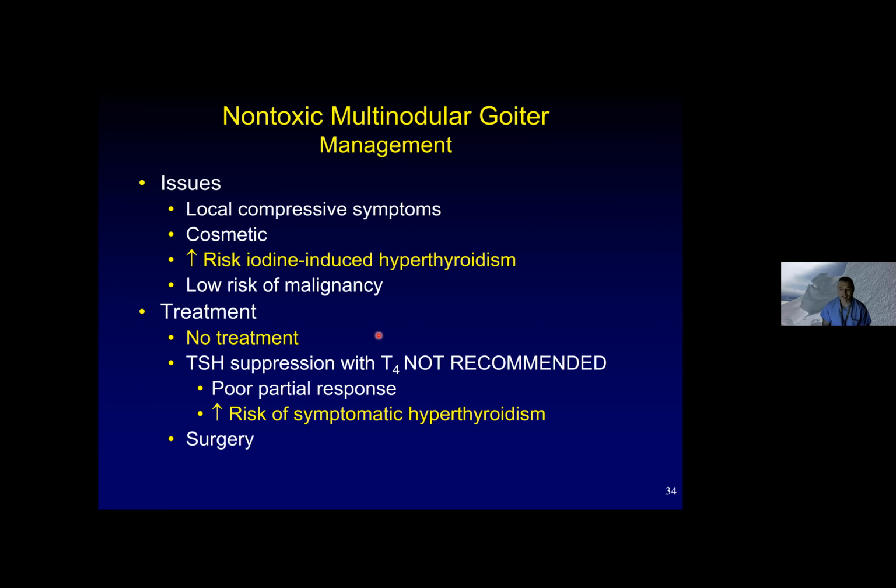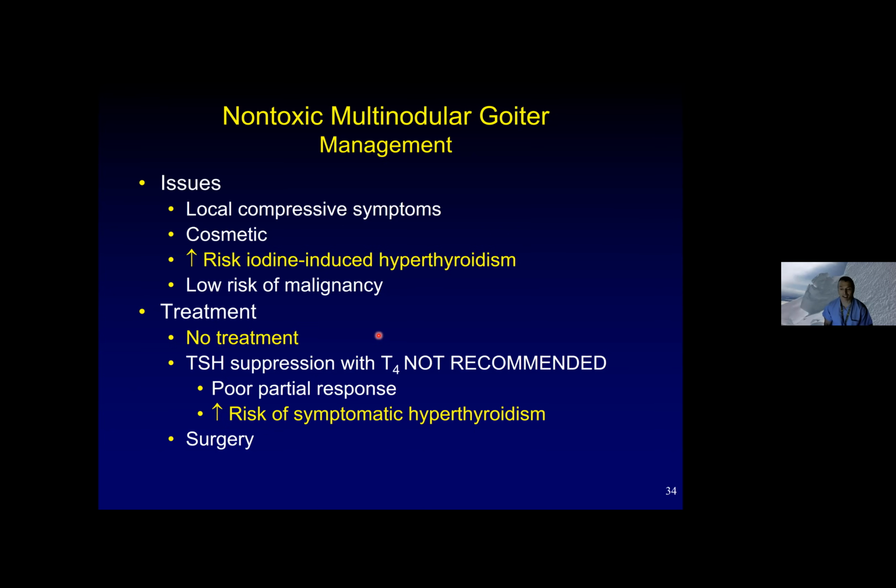TSH suppression with levothyroxine, so giving levothyroxine to make the TSH low, is not recommended, because first, it usually doesn't cause enough shrinkage of the goiter, and second, it increases the risk of symptomatic hyperthyroidism.